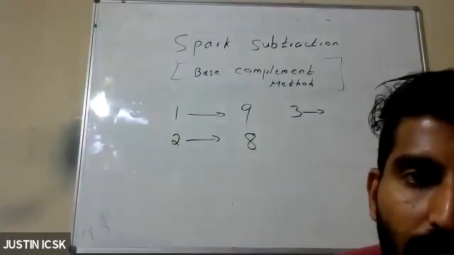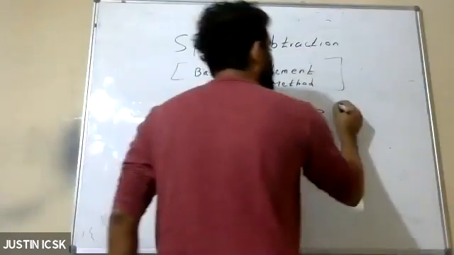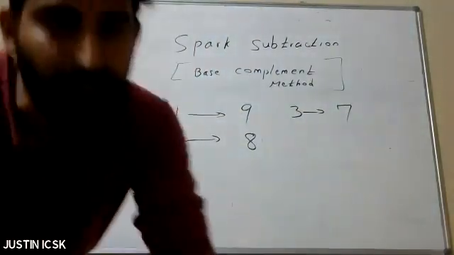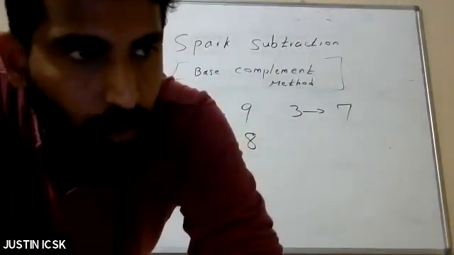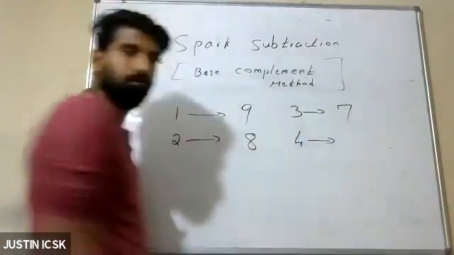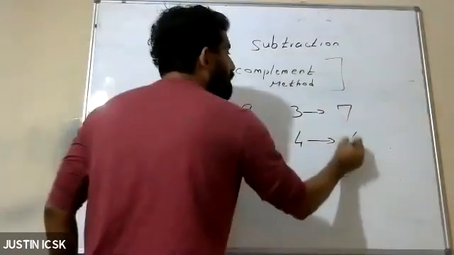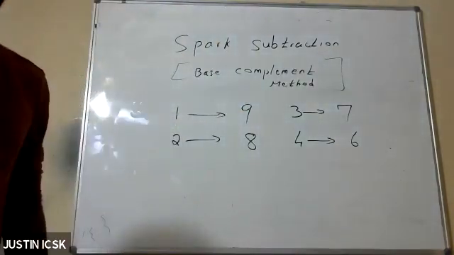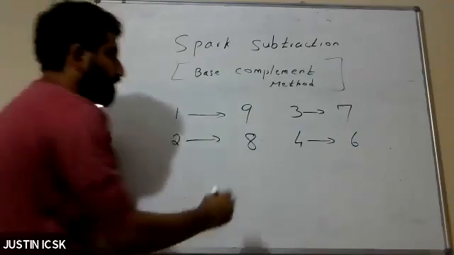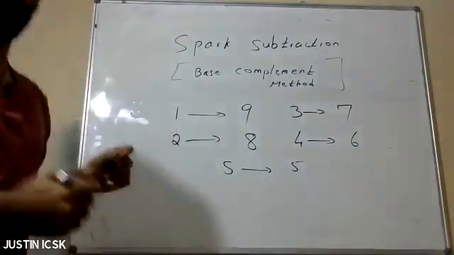Complement of 3 is 7, because 3 plus 7 is 10. Complement of 4 is 6. Complement of 5 is 5, because 5 plus 5 is 10.